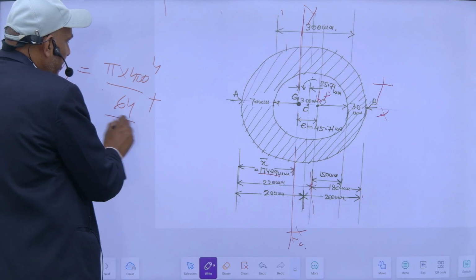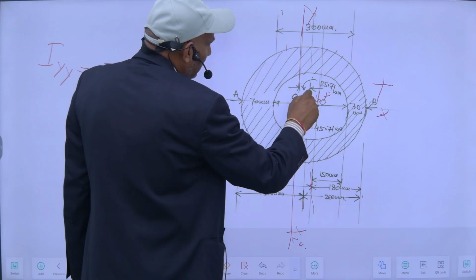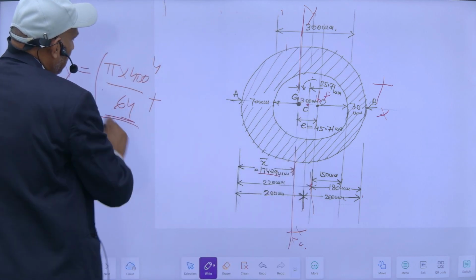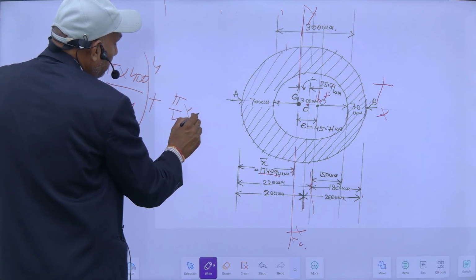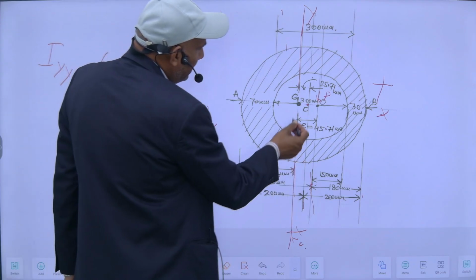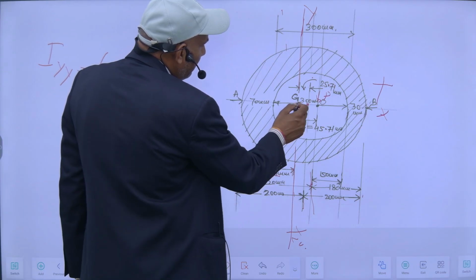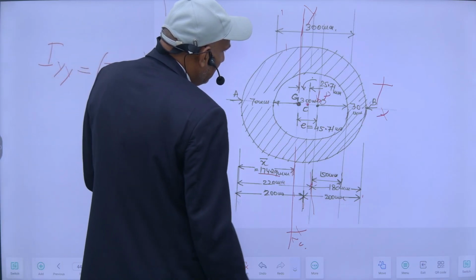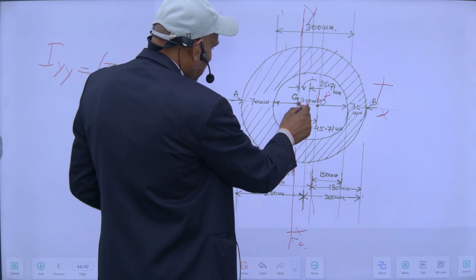This is the moment of inertia about the center of the whole circle. So the moment of inertia about this, plus its area, pi by 4 into 400 squared, into this much distance from the center G. This distance will obviously be 25.71, as this is 200 and this is 174.